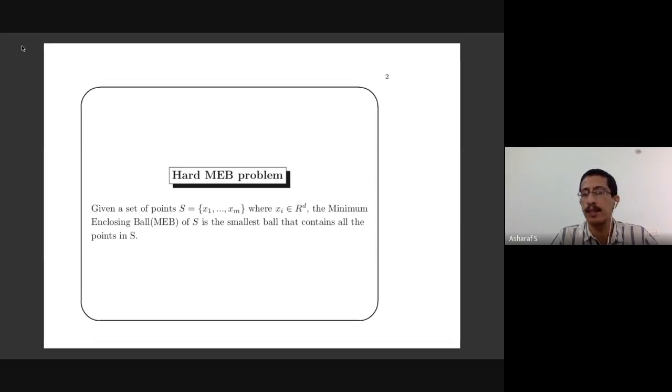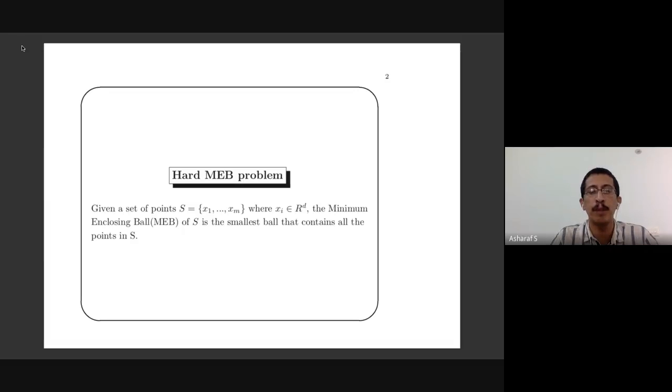The set of points is labeled as the set S, containing x1 to xm, where each of these xi is in the d-dimensional real space. These xi's are essentially d-dimensional vectors.